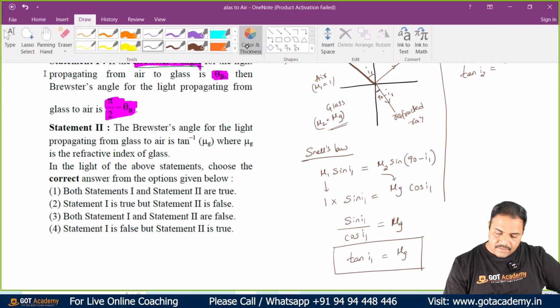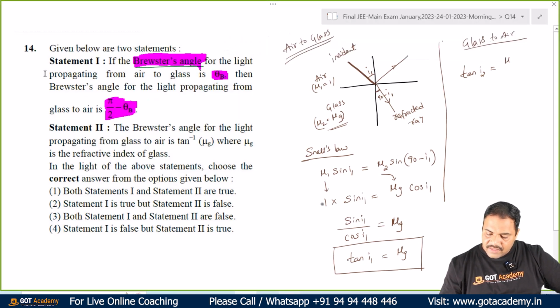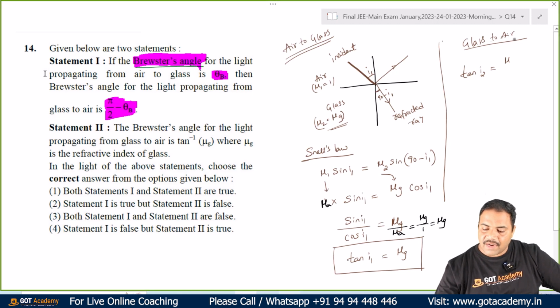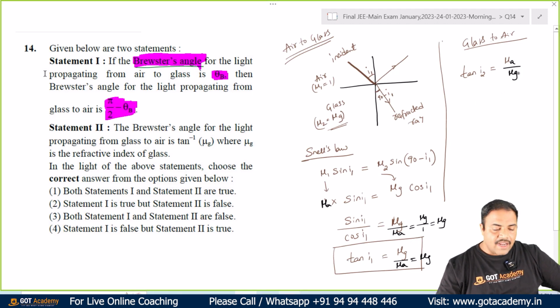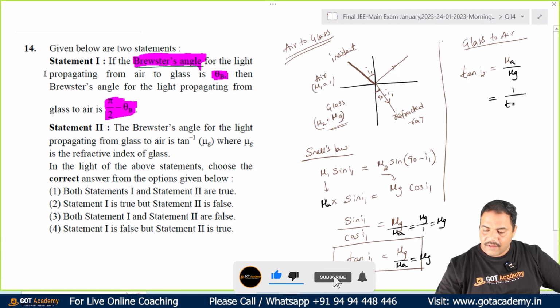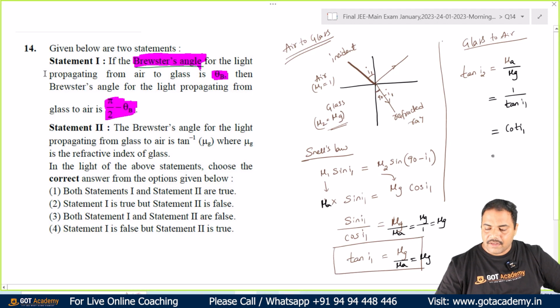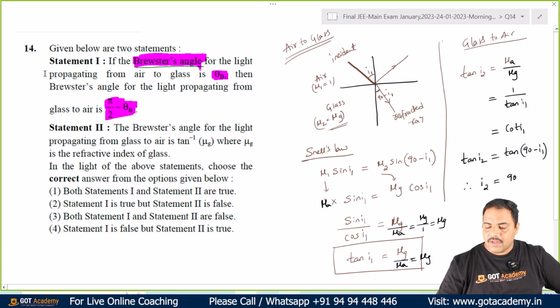Previously it was from air to glass, now it is from glass to air, so it is reversed. So tan I2 is equal to 1 by tan I1, which is cot I1, which is tan of 90 minus I1. So tan I2 is equal to tan of 90 minus I1, therefore I2 is equal to 90 minus I1.